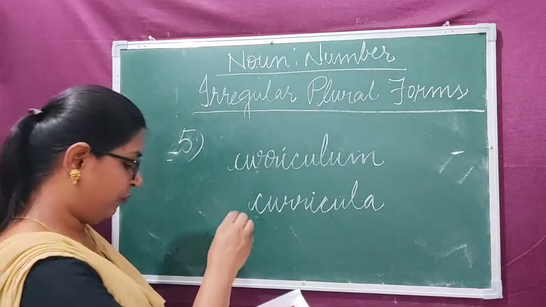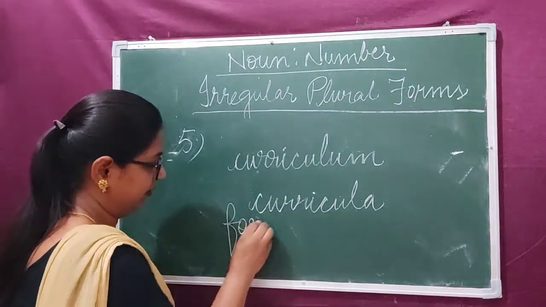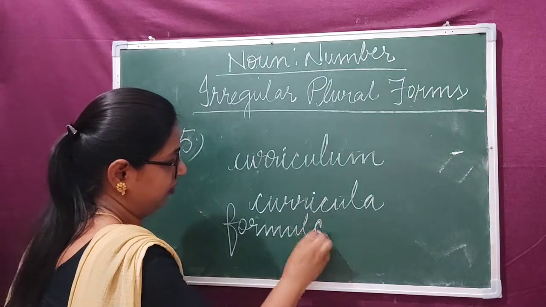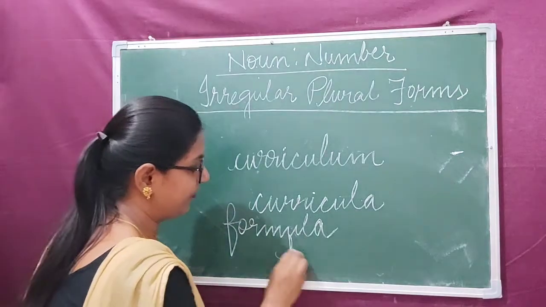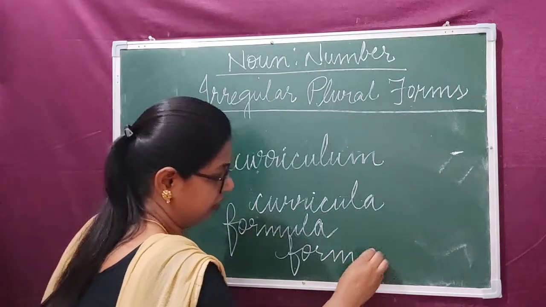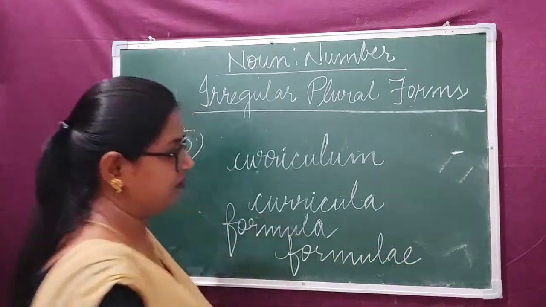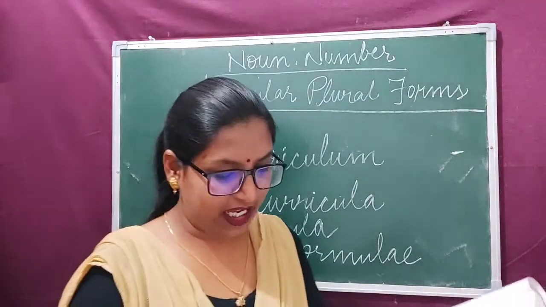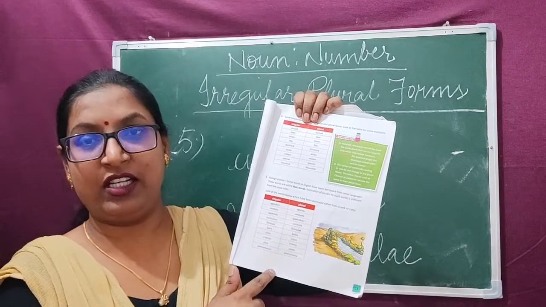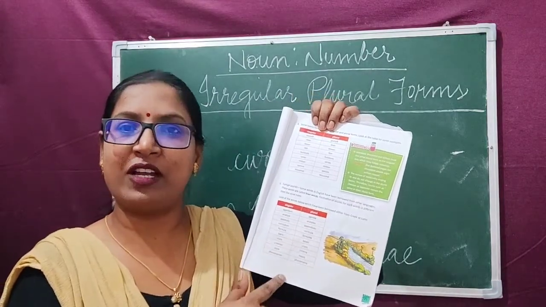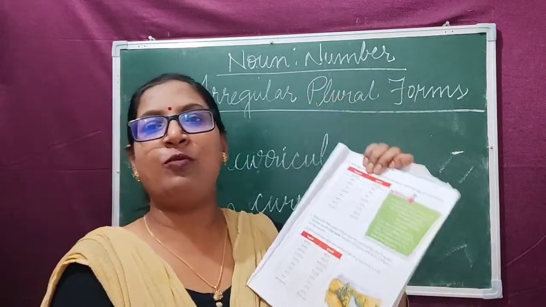Then formula. What is its plural form? Formulae. Clear? So here on page number 23, the list of those words is given, and their plural forms also.